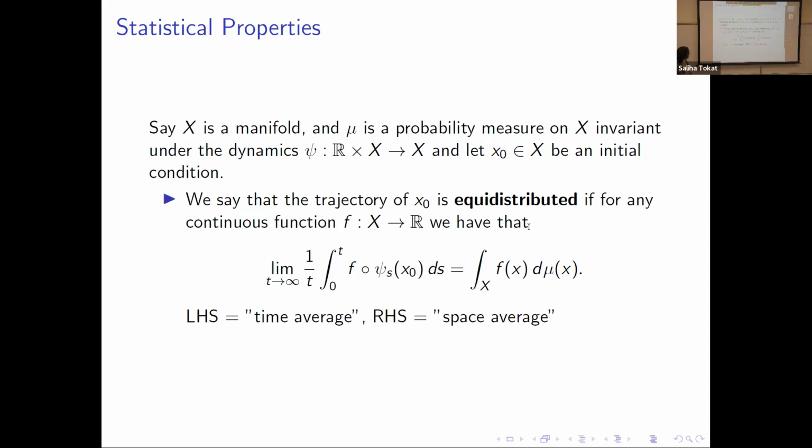On the left hand side, this is the time average. On the right hand side, this is the space average. Since the parameter group T is R, there is an integral here. If the group is the integers, this integral sign should be a sigma, showing the summation.